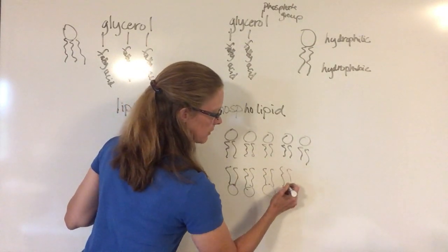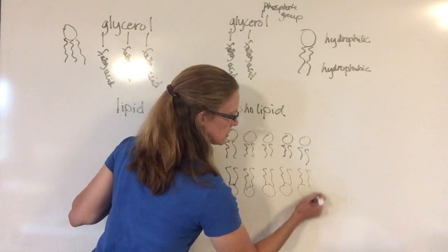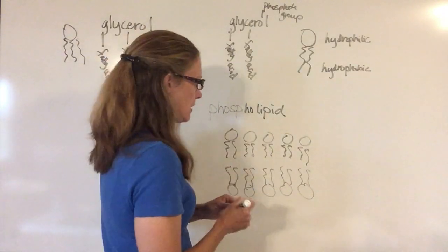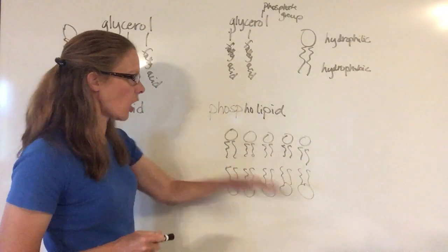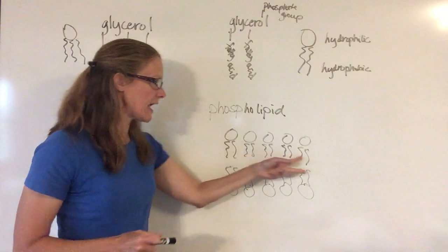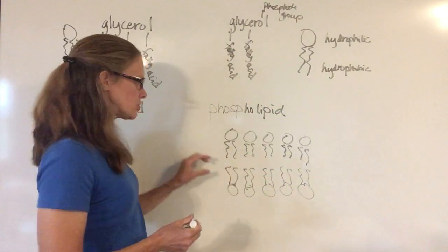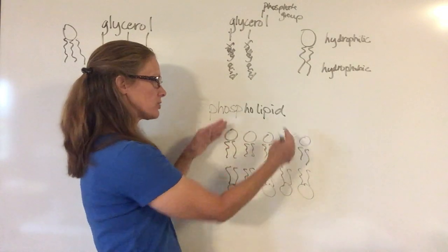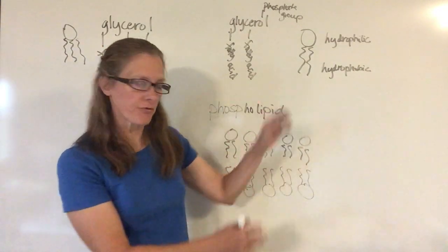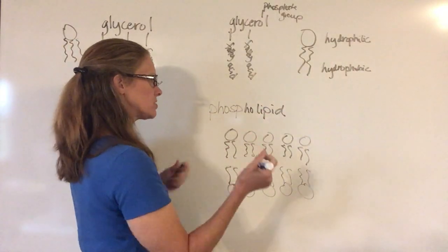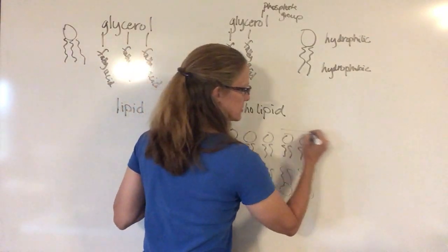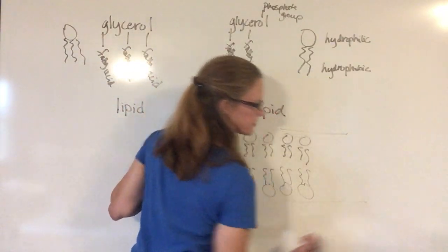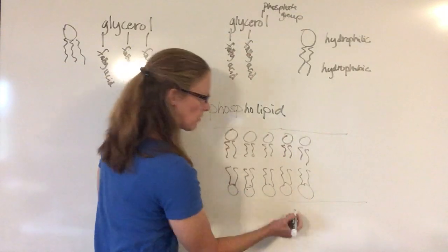If you think about it, that should make sense, because these heads all like water and the tails do not like water. So the parts that don't like water are all going to be together, and the parts that do like water are going to be apart from each other. This whole thing together makes up the cell membrane, like this.